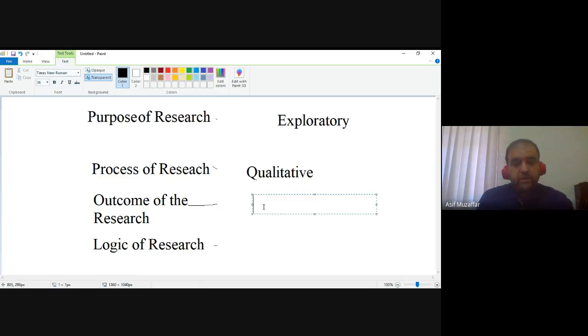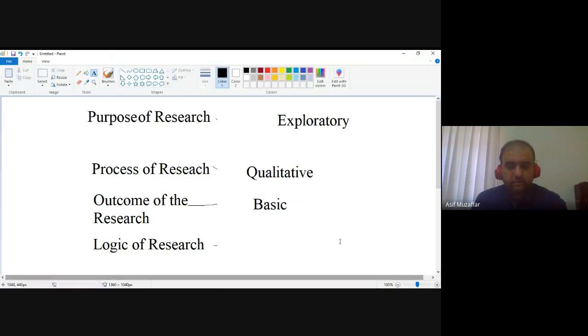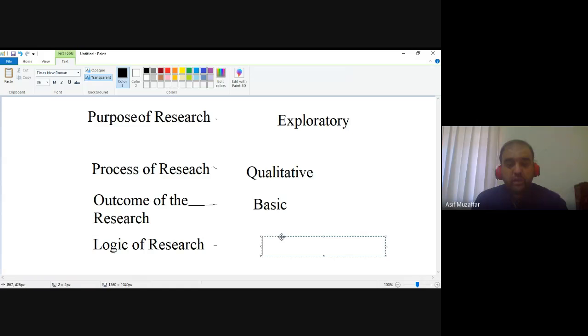Then the outcome of the research can be basic or applied. Maybe in qualitative you are looking for a solution, but most of the time when you are providing a theory, it will be basic, because you are providing that theory to increase the body of knowledge, not to give a solution to something.